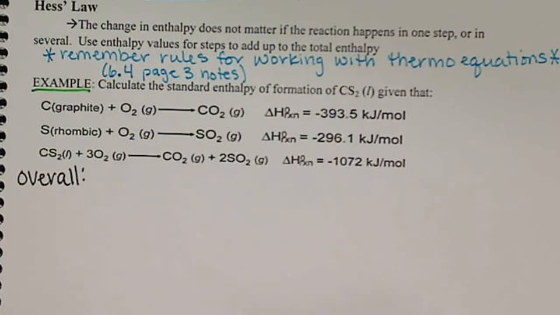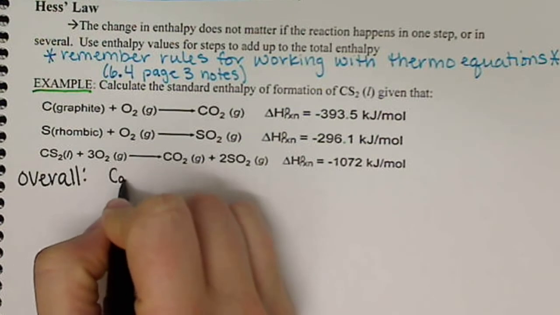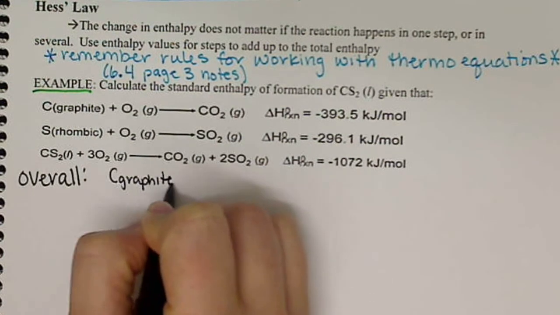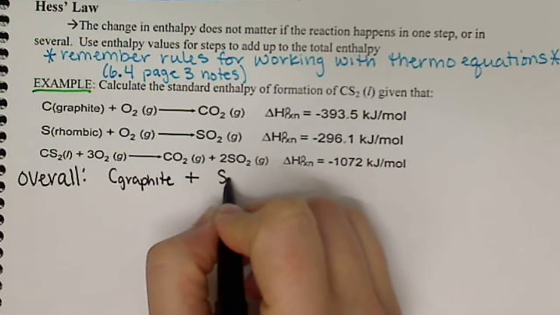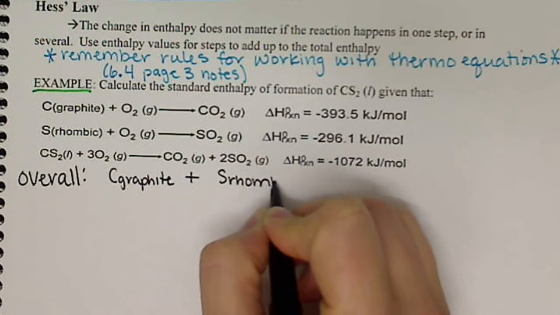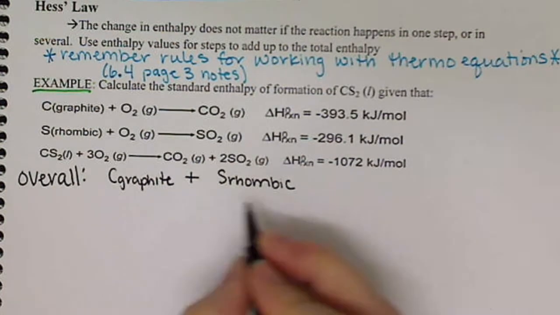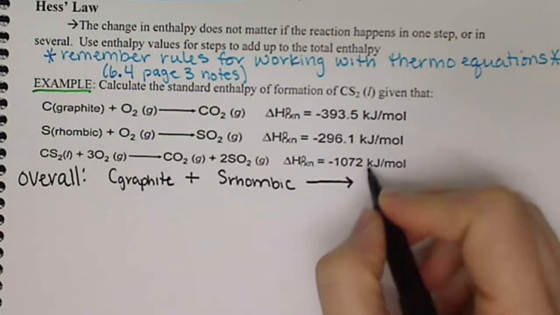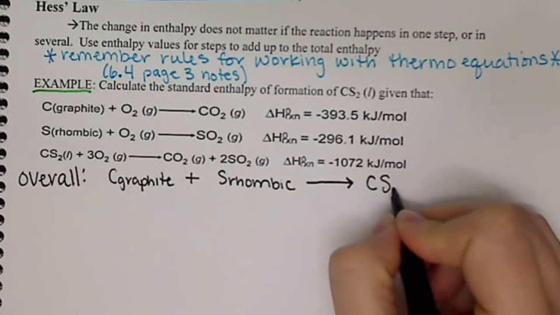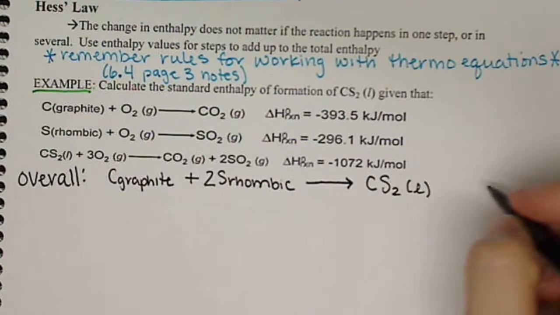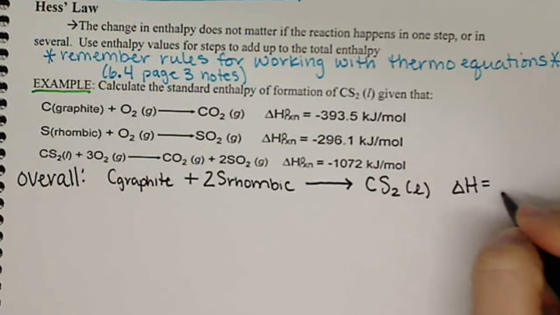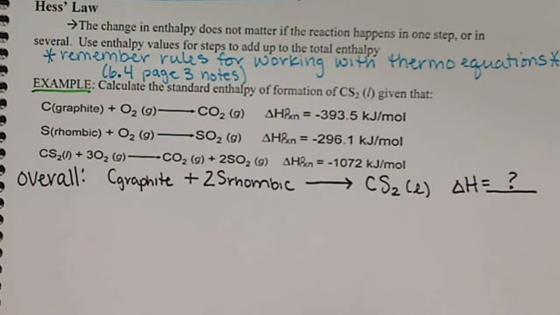Remember from the previous video that carbon in its graphite form is the lowest energy form, and sulfur is in its rhombic form. So we combine these two to form CS2 as a liquid, and we want this balanced, so we need to start out with 2 sulfur rhombics. We want to know what is delta H for this reaction.